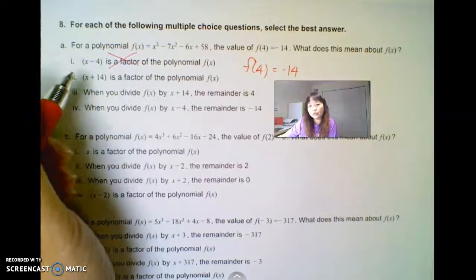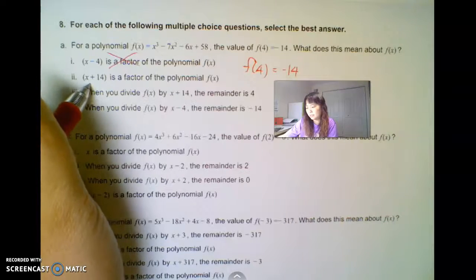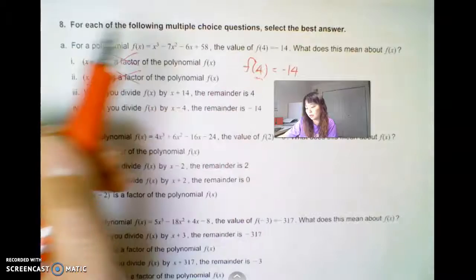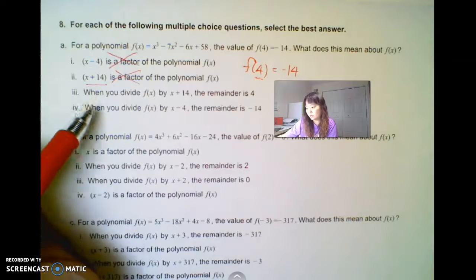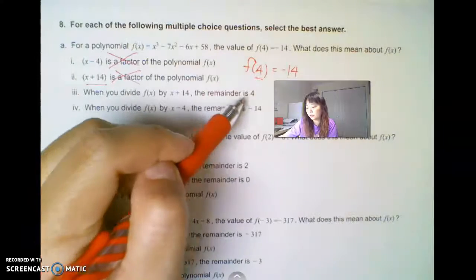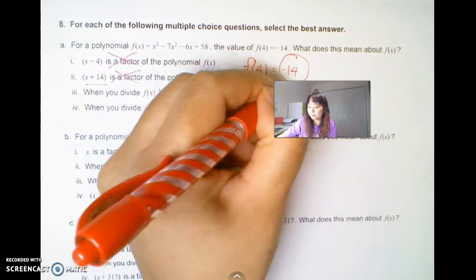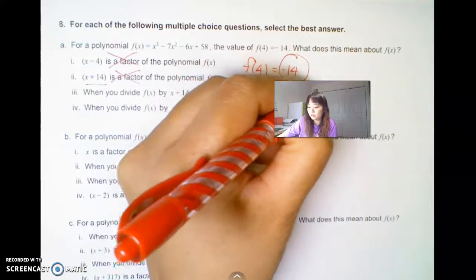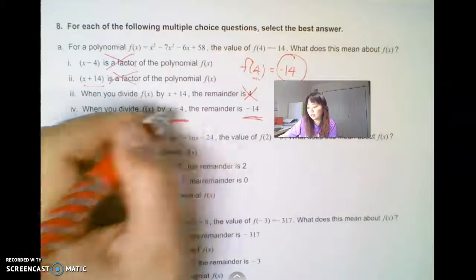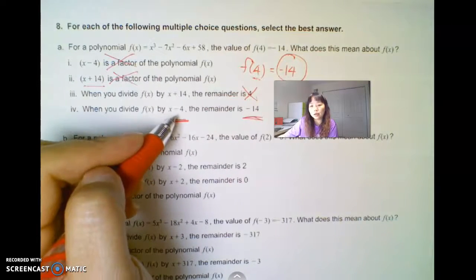It's only a factor if you get a 0. f of 14 doesn't make any sense because we want to look for this as the divisor. When you divide f of x by x plus 14, the remainder is 4. Well, you know that this is going to be the remainder part. So it's not remainder 4, it's going to be remainder 14, and I like this because I know it's f of 4, but you have to think opposite sign, so x minus 4.